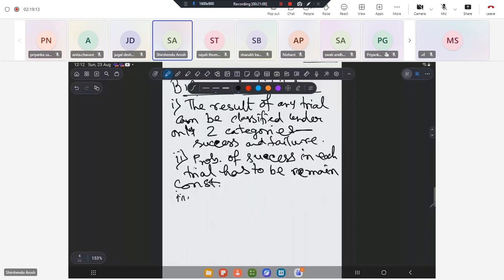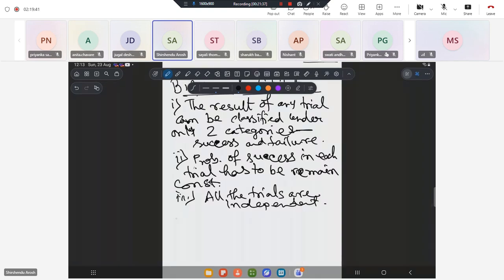And third, all the trials are independent. If these three things hold, then generally we say that we can model this particular scenario in terms of the binomial distribution.